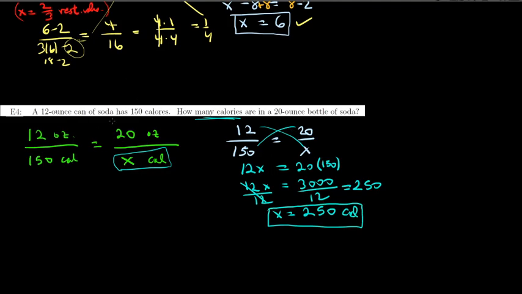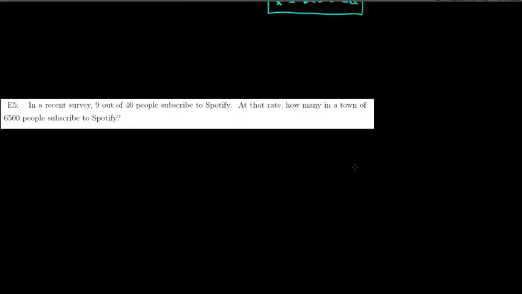Okay, so let's do one more word problem here. I know this might be a little small, so let me read it carefully. In a recent survey, 9 out of 46 people claimed that they subscribed to Spotify. At that rate, how many people in a town of 6,500 people subscribe to Spotify?